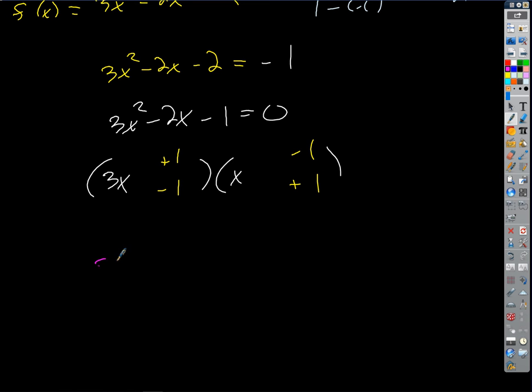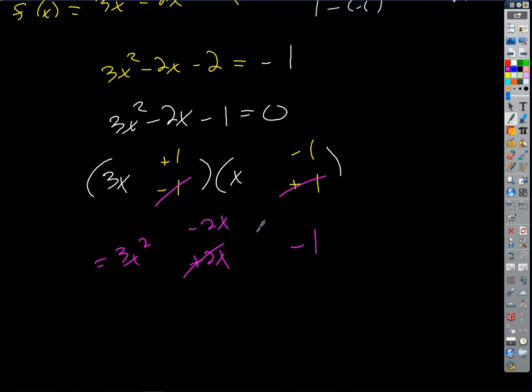We know we're going to end up getting +1 times -1 is -1, but which one's going to work in the middle? 3x distributed here is going to give me a -3x. If I distribute the 1, I'm going to get a 1x. That works, doesn't it? Would you agree? I get my minus 2x. If I pick this one, I'd get +3x and -x. I'd get a +2x. So that one doesn't work.